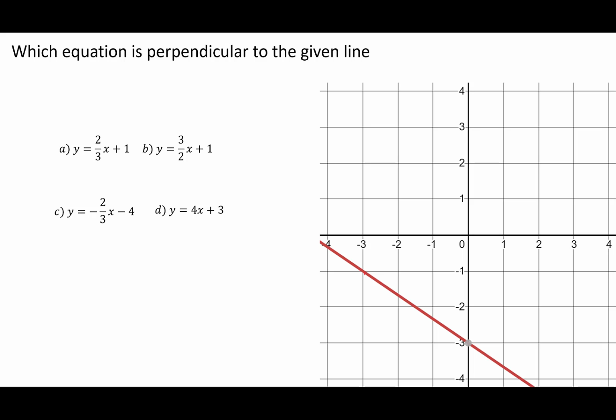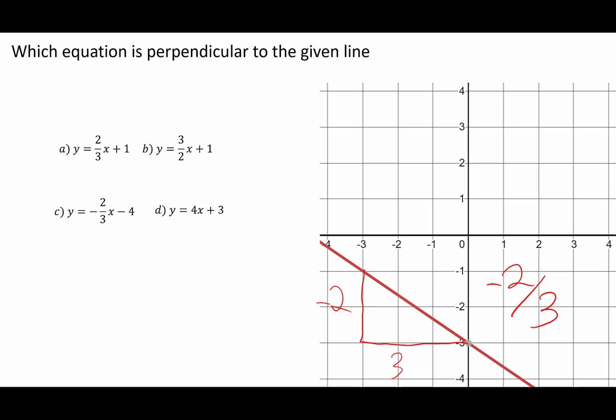All right, so find our rise and our run. This time we're looking for perpendicular. So I get a negative 2/3 for my slope.